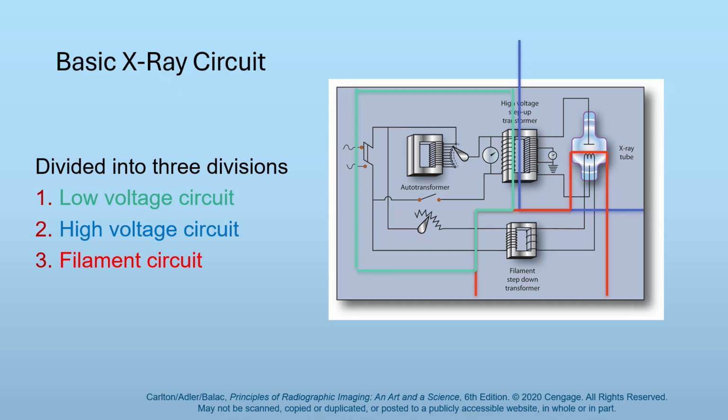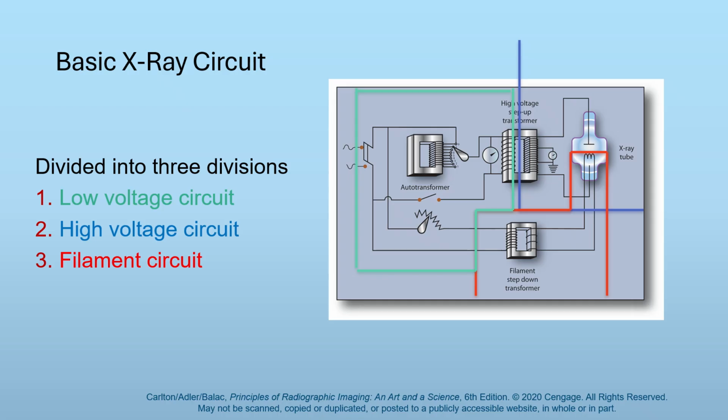But yeah, your low voltage circuit is synonymous with a control circuit. Your high voltage circuit is also called the high voltage transformer circuit. I don't see the rectifier in here either, though, so that is a flaw. The rectifier should be in between the high voltage transformer and the X-ray tube.